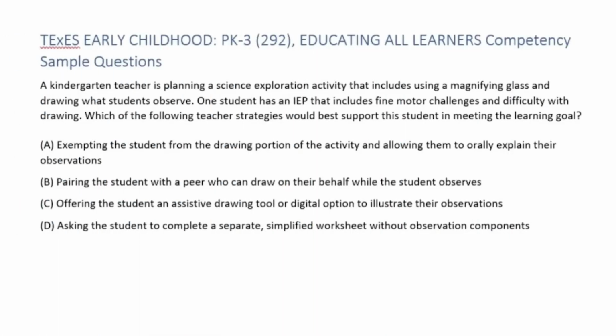A kindergarten teacher is planning a science exploration activity that includes using a magnifying glass and drawing what students observe. One student has an IEP that includes fine motor challenges and difficulty with drawing. Which of the following teacher strategies would best support this student in meeting the learning goal?